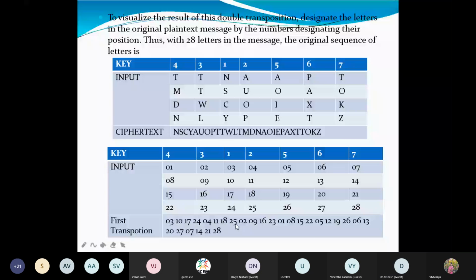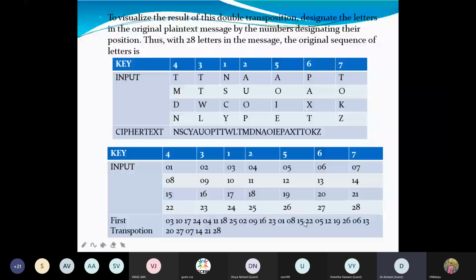After that, you see the positions 1, 2, and 3. The input at position 3 goes here, that is 02, 09, 16, 23. And then at 4 is 01, 08, 15, 22.